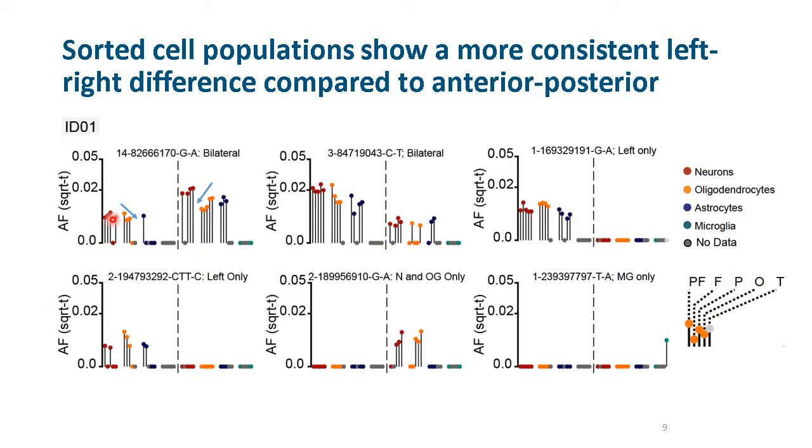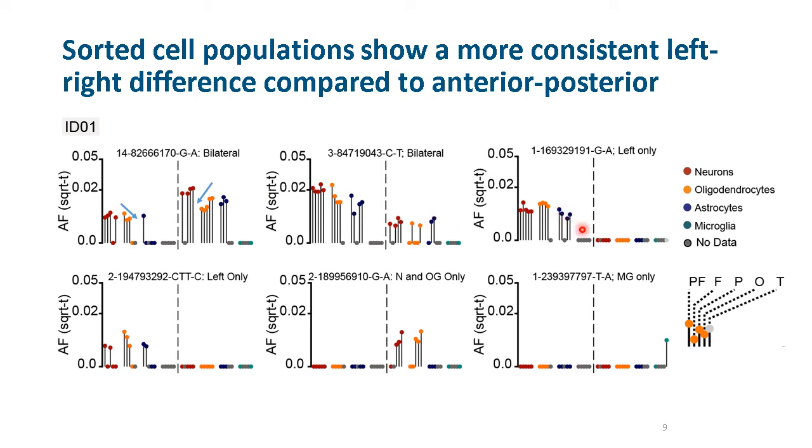By looking at those lollipop plots, we actually see there's inconsistent distribution of anterior to posterior between the left and right hemisphere. But the allele fraction differences seem to be very consistent between the left and right lobe.